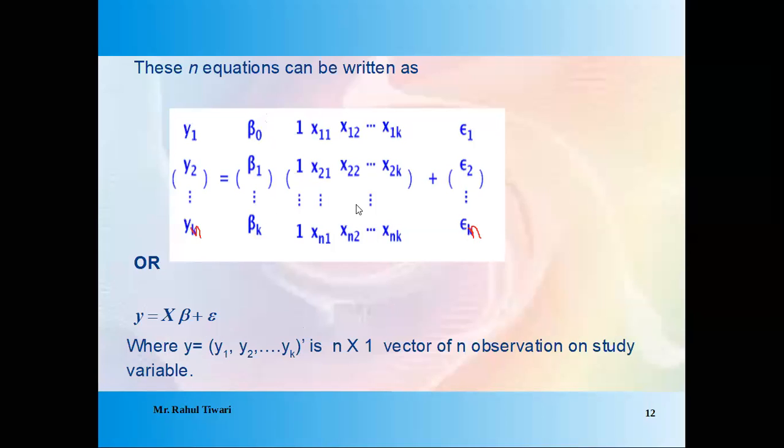Okay. So if you just see the previous one, see this one, and x is nothing but this is your coefficient of beta naught. This is your coefficient of beta naught. This is beta 1.